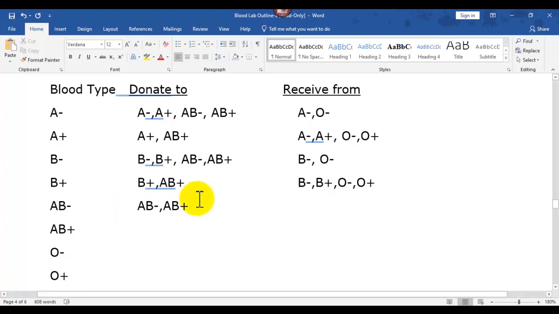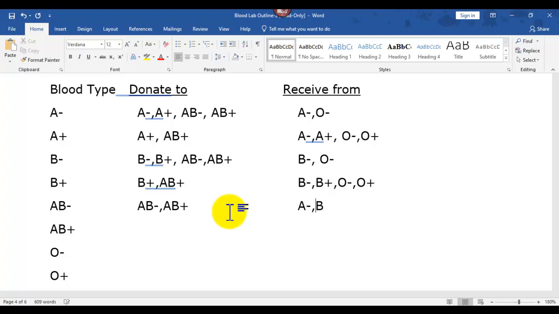If you're AB negative, who can you receive from? A negative, B negative, AB negative, O negative.